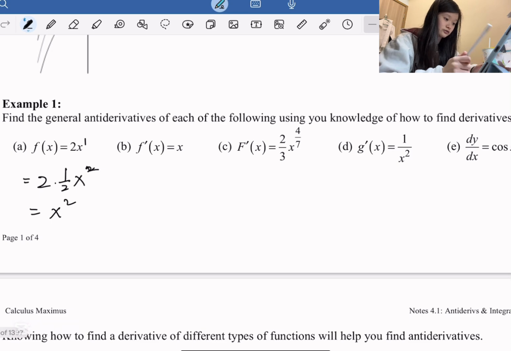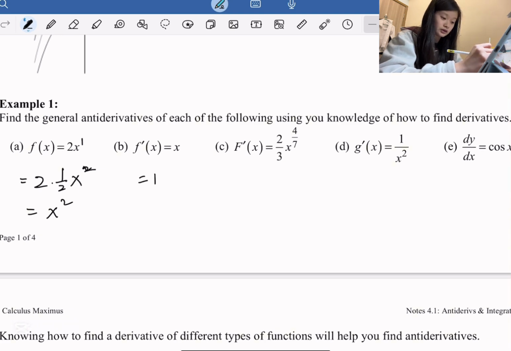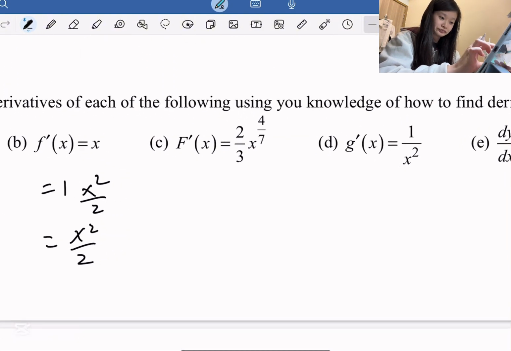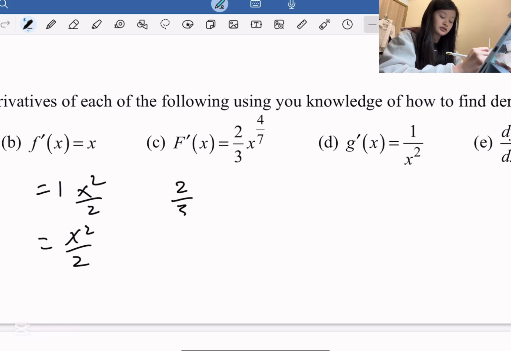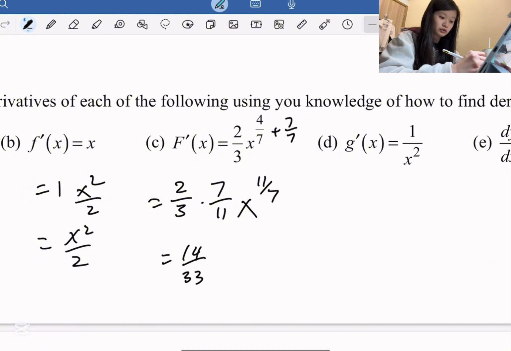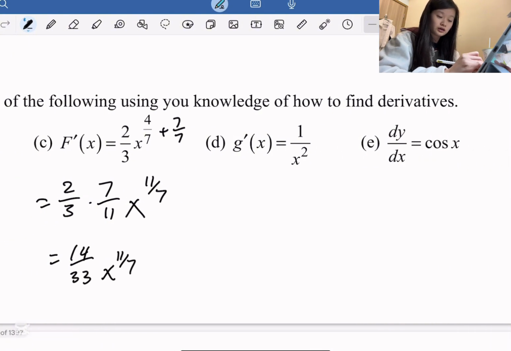Find the general antiderivative, so just ignore all the signs. For part B, take the x out, and then x squared over 2. Okay, this is a little bit more complicated. Again, take the constant out, and then add 1 to the power, so 4 over 7 plus 7 over 7 is 11 over 7. The reciprocal of that is 7 over 11, so the answer is 14 over 33, x to the 11 over 7.